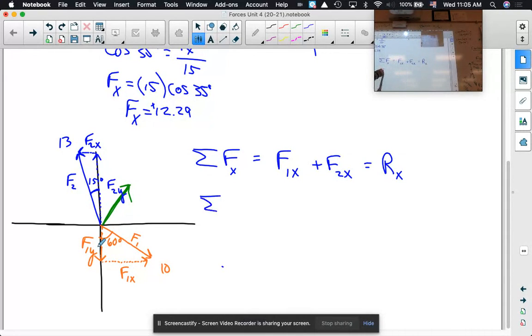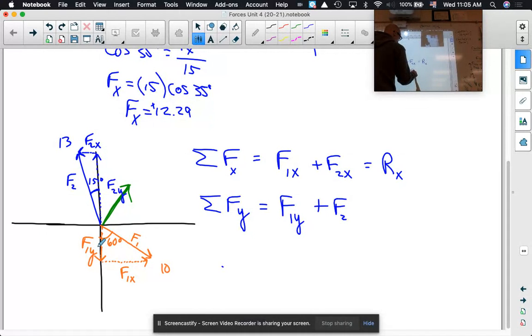And then you have to add the components in the y, which means F1y plus F2y. And what does that give you? That gives you the resultant component in the y.